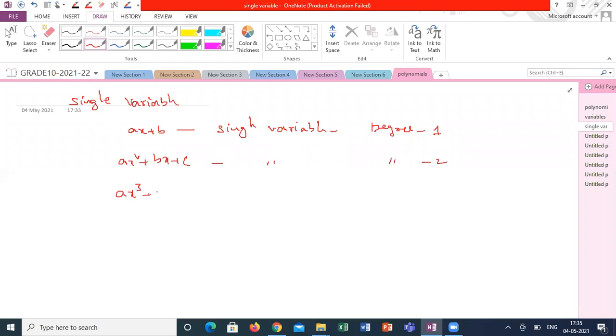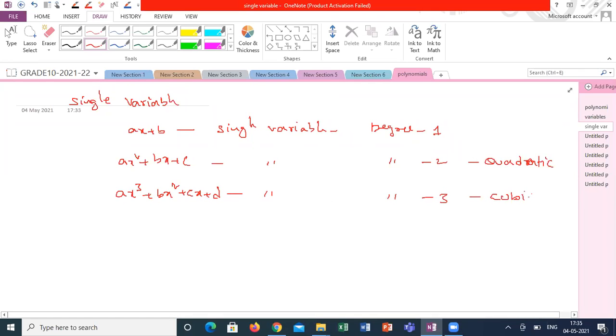This is called quadratic. ax³ + bx² + cx + d is also a single variable, and the degree is 3. This is cubic. ax⁴ + bx³ + cx² + dx + e is a single variable, but the degree is 4. This is called biquadratic.